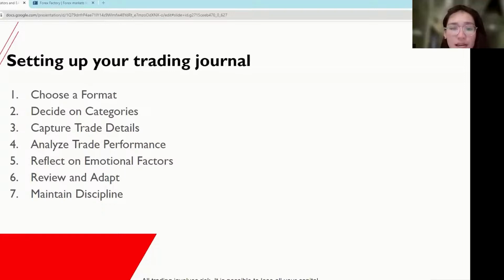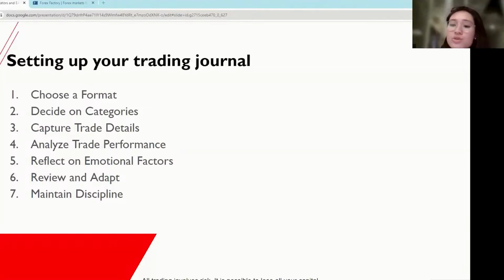Number two is to decide on the categories. This basically means defining the categories of information that you want to include. It can be the date and time, trade symbol, entry and exit prices, position sizes, stop loss, take profit levels, trade duration, and trade outcome.